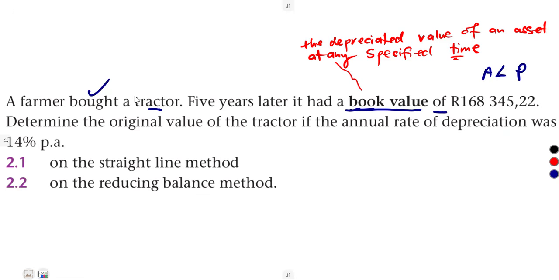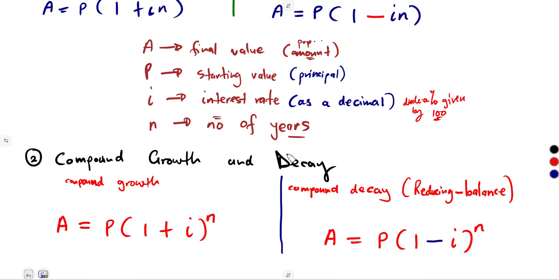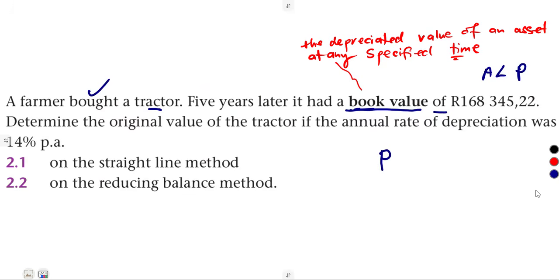He bought a tractor. So meaning to say, when he bought it at a certain price, which is the original price, the starting value, which is the principal value, he bought it at P, which we do not know in this case.